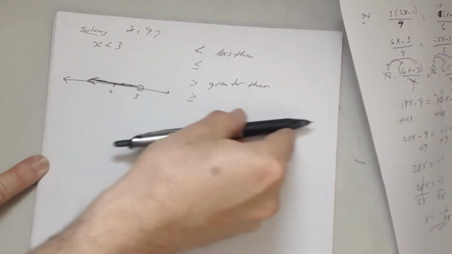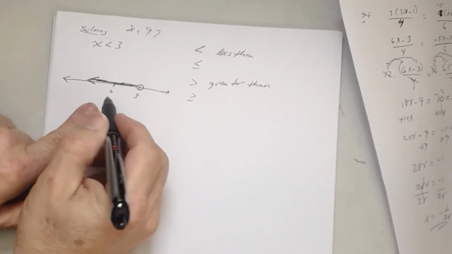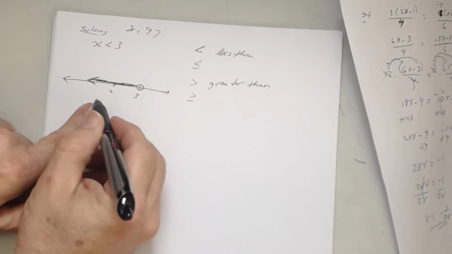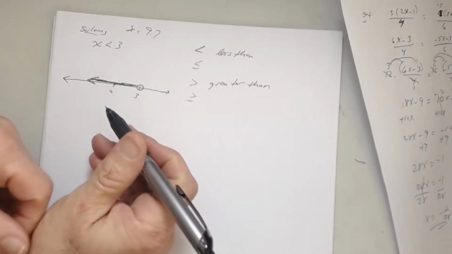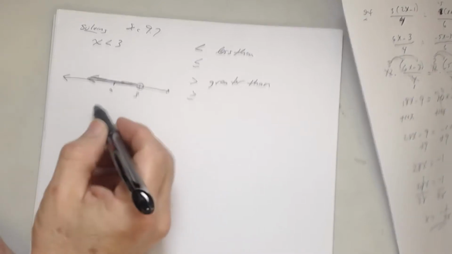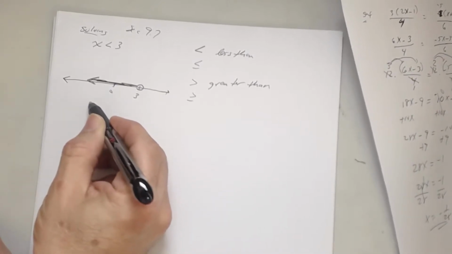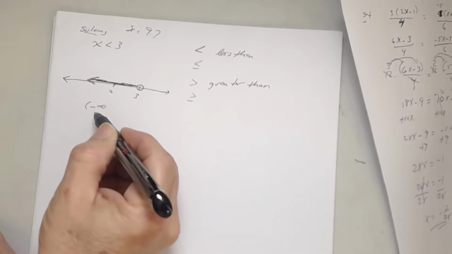Yeah. These numbers are more what? Positive. Whenever you write an interval, infinity and negative infinity always use parentheses, regardless. It's always going to be parentheses, because infinity and negative infinity are not numbers. It's just a concept. So you're going to say parentheses, negative infinity, and make sure your infinity looks like an infinity symbol.